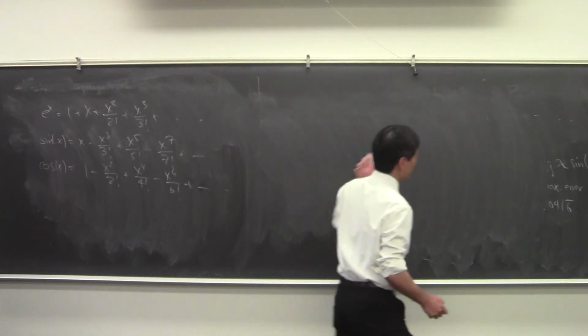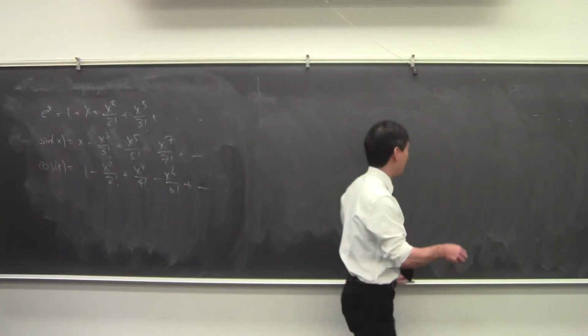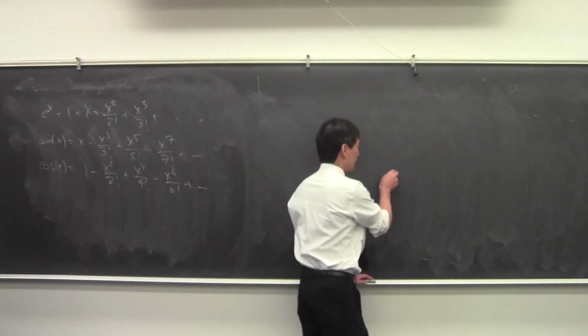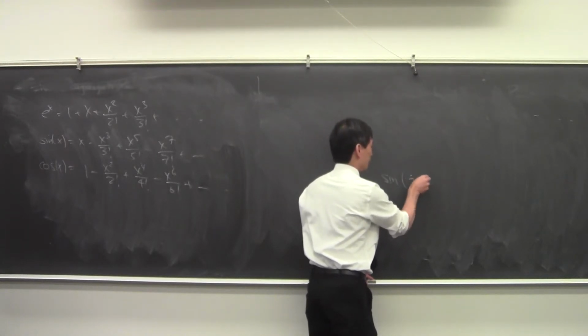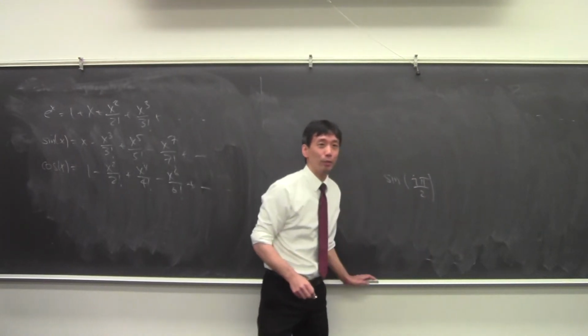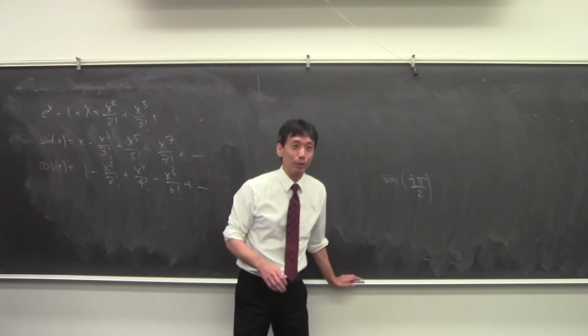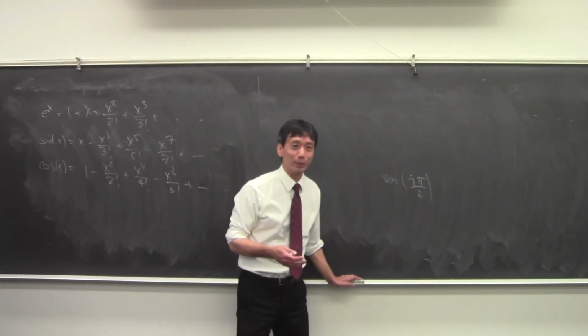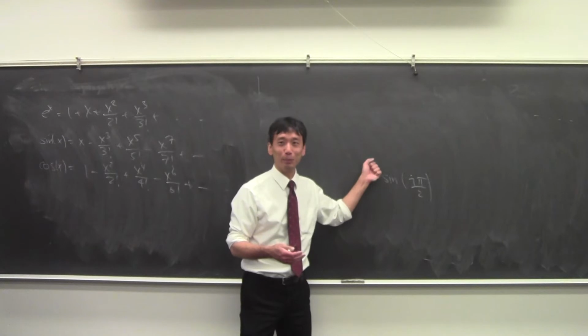What if I asked you, what is the sine of i pi over 2? What is the sine of an imaginary number? Suppose you're back in wherever you learned trigonometry. I guess that was high school.